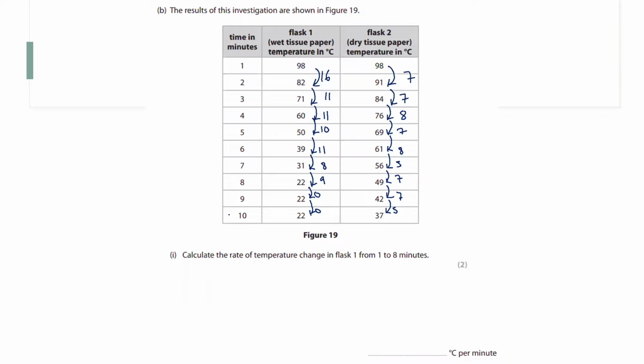Right, so calculate the rate of temperature change in flask 1 from 1 to 8 minutes. Right, so rate is always over time. It's always something divided by time. So rate, okay, change in temperature over time.